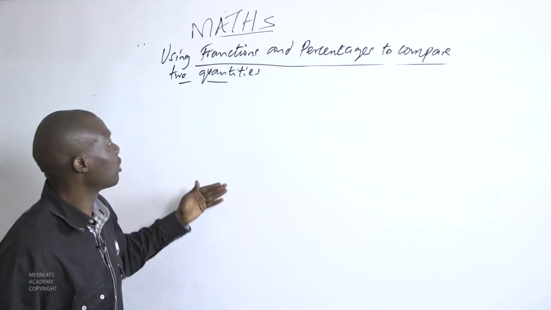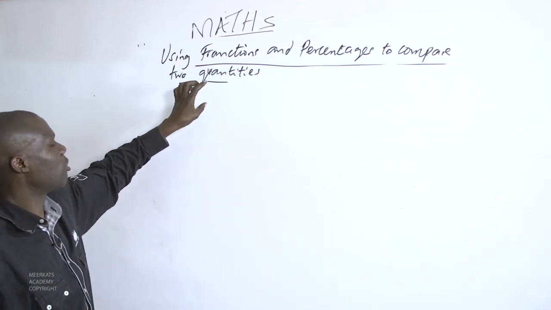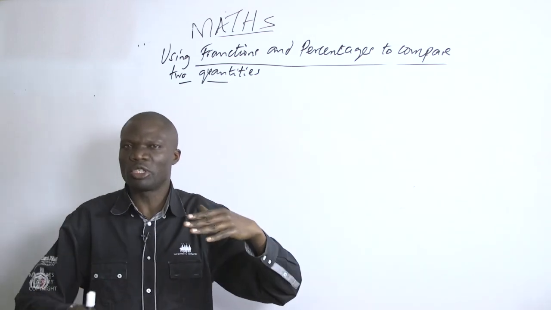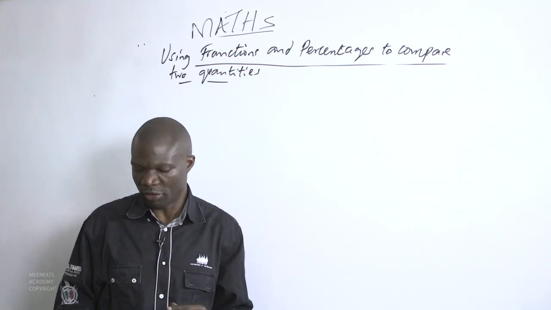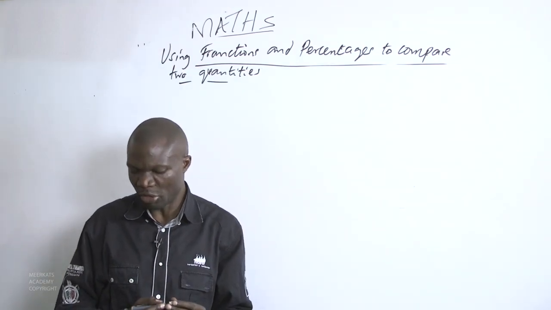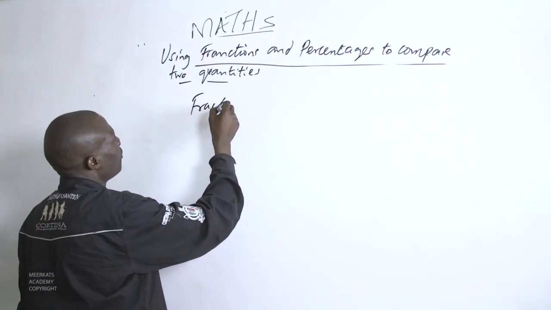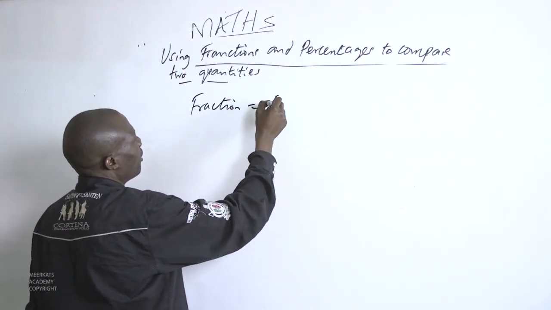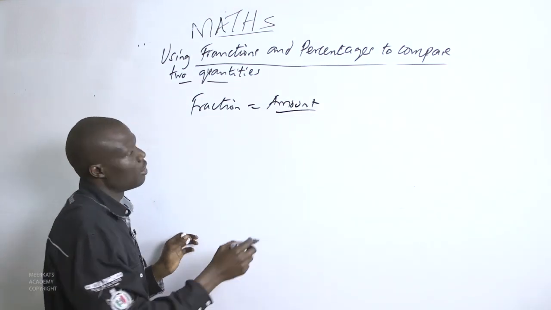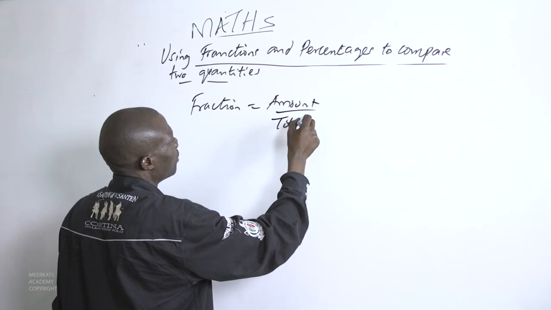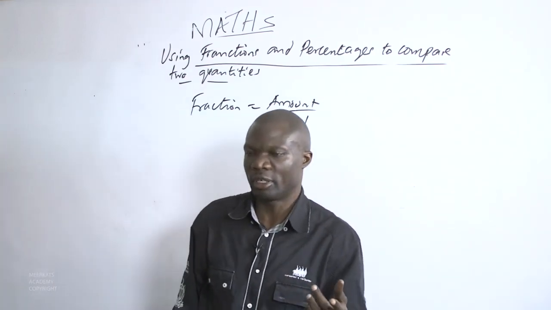So when we are talking about using fractions and percentages to compare quantities, we are only going to consider circumstances where we have the total quantity and then two different items. For this fraction, we require the amount and the total.